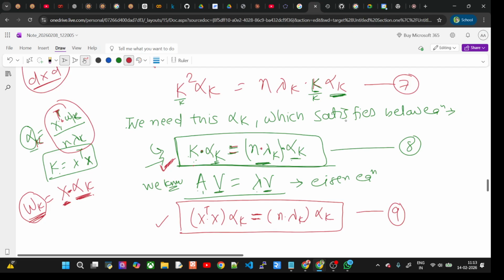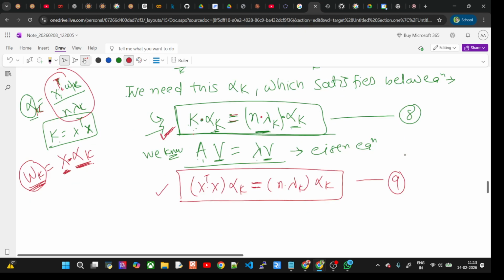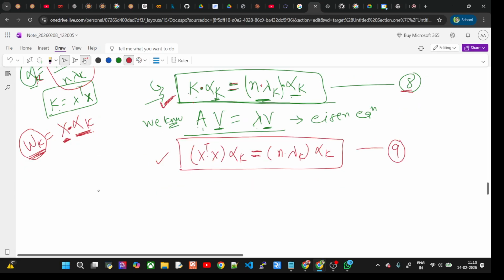But you will say, okay, I am happy with K alpha k equal to n lambda k alpha k, but is it a unique equation, or a generic equation that anyone can satisfy? So if you see this eigen equation, equation number 8, for example if I say alpha k is equal to some u vector, then K into u equals n lambda k into u.